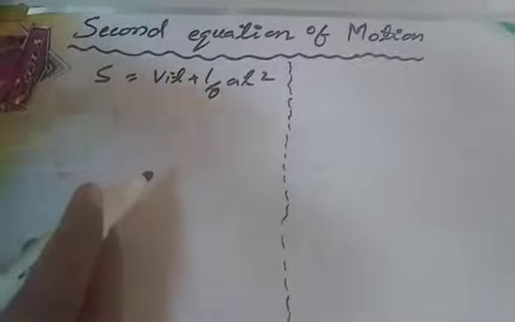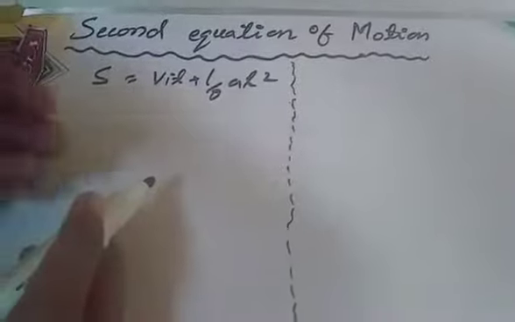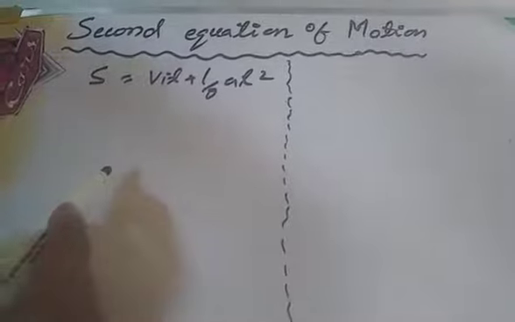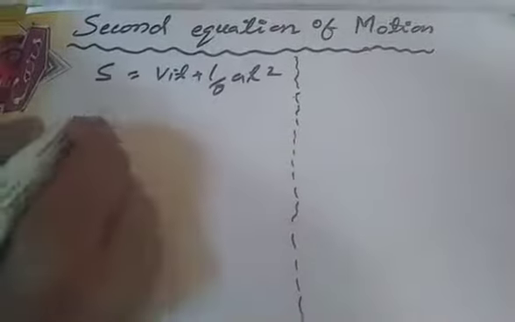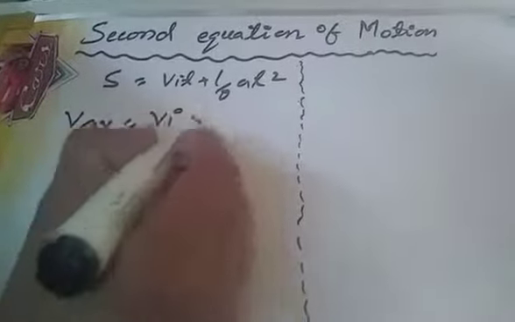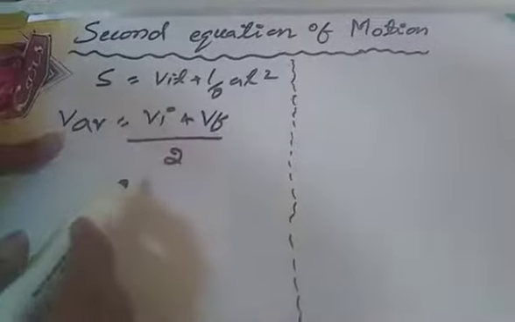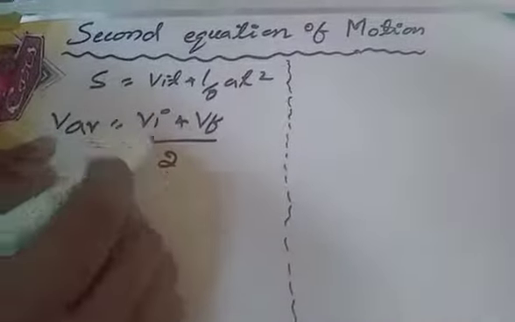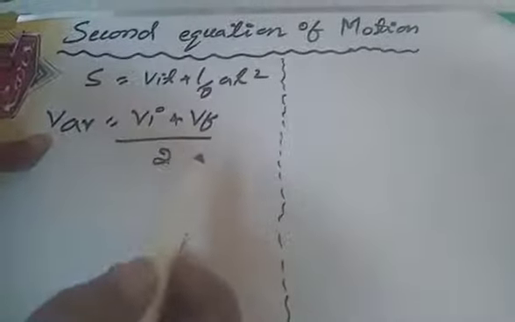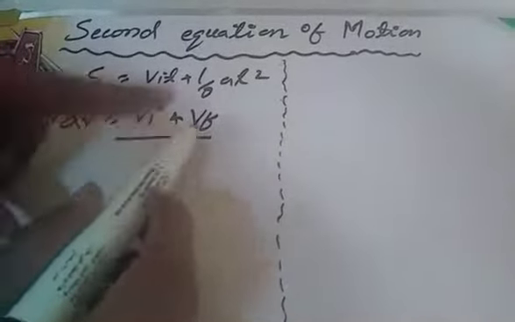So we can take the average velocity, which is equal to (Vi + Vf)/2, because the body moves with Vi and acquires Vf during the time interval t, and the acceleration is constant.